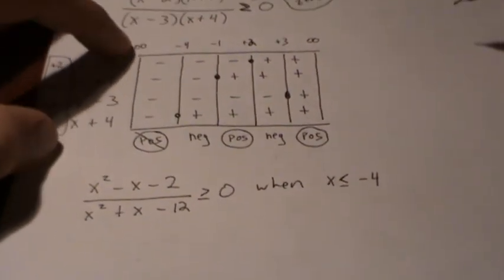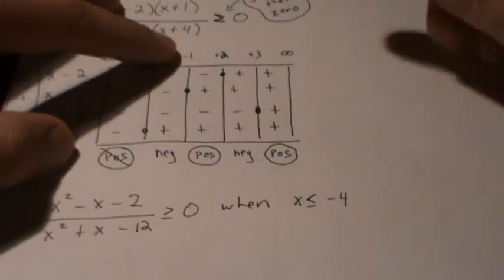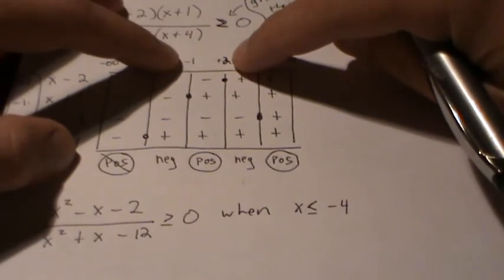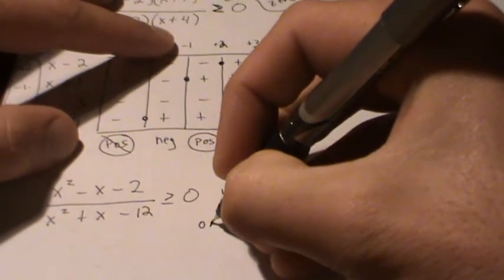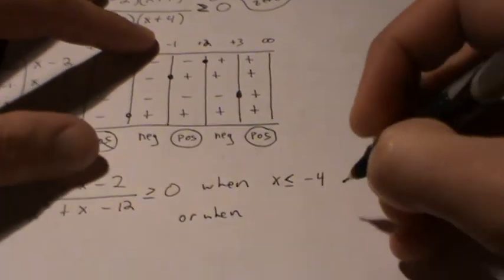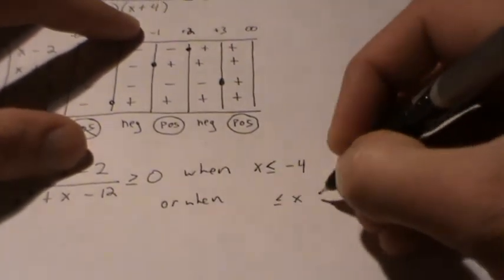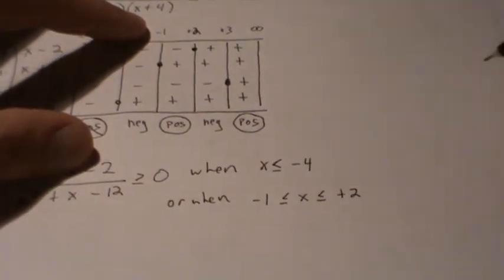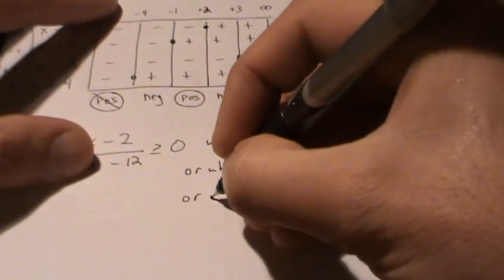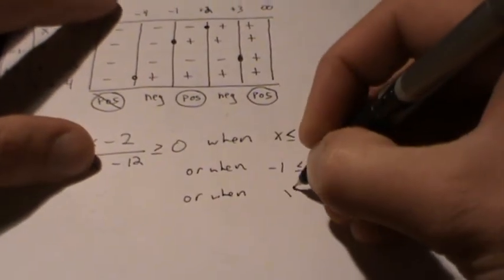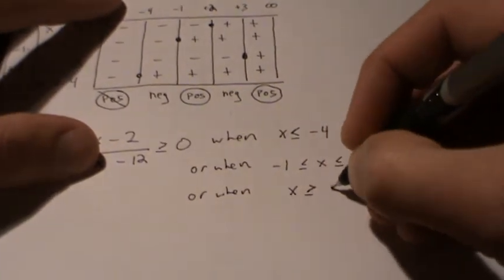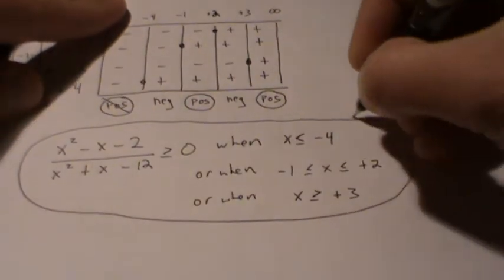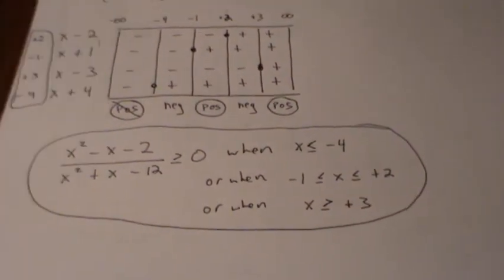And then also it's when x is between negative 1 and positive 2, or when x is greater than or equal to positive 3. And that's the result there.